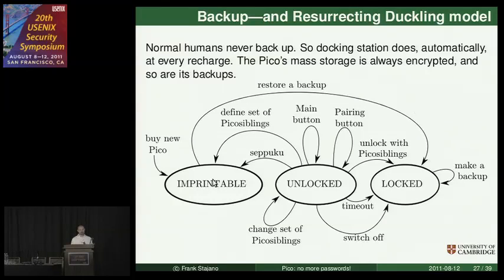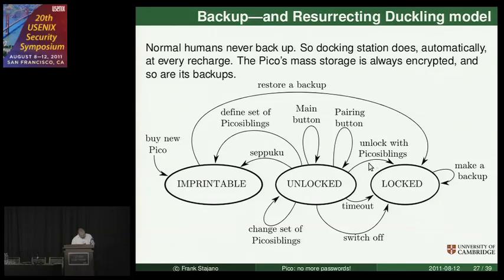So what happens is you have an imprintable Pico, and you define a set of Pico siblings, and as you pair the Pico siblings with your Pico, you go into this set where the Pico is imprinted to this family of n Pico siblings, and it is unlocked, but it is now imprinted. Someone else pointed at another mistake. Indeed so.